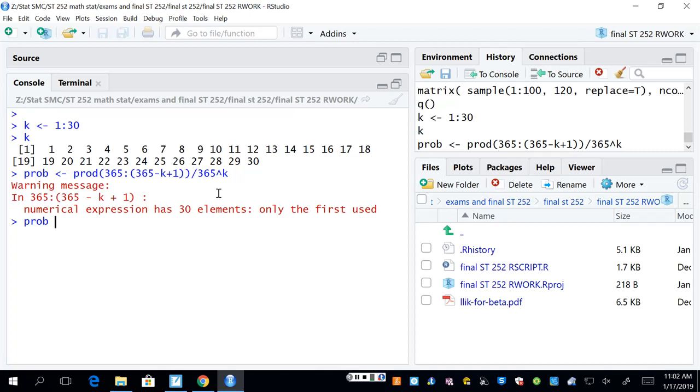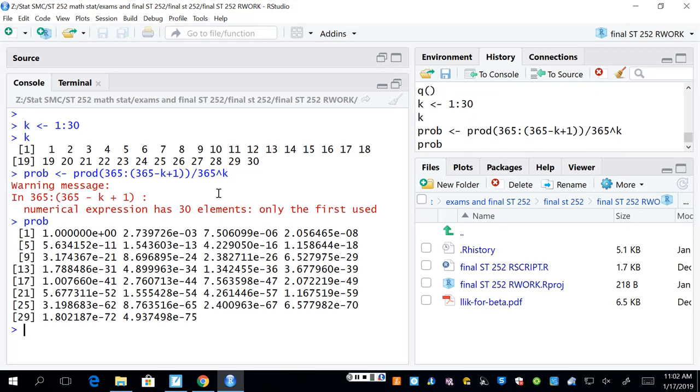Right? Product of those. Oh, it's a little bit harder to do. So the probability, well, let's see. I'll just do the 1. So we want 1 minus the product, say, of the 365 down to the 334 is R1, and then the 365 raised to the 22nd power. Right? Who thinks this is going to be less than 1/2? Bigger than 1/2? You think it's going to be small? Right.